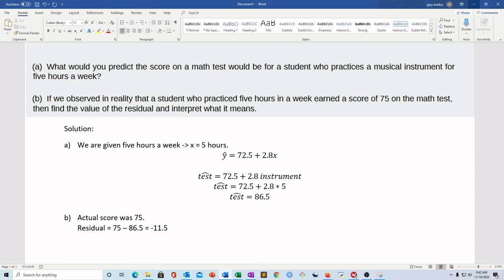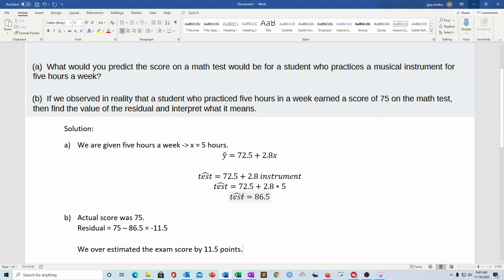So what's that mean? What is our residual? Well, it's just measuring for us how far off we were between our guess and the actual correct answer. So in this case, and be a little careful here, we have to think about this just a second, this negative 11.5 actually tells us that we overestimated the exam score by 11.5 points.